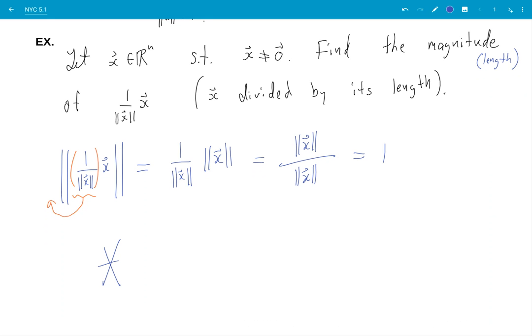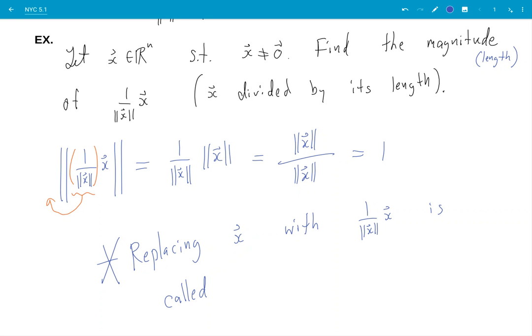So when I take x and I replace it with this scaled down version, we call that normalizing, or you can just say normalization.